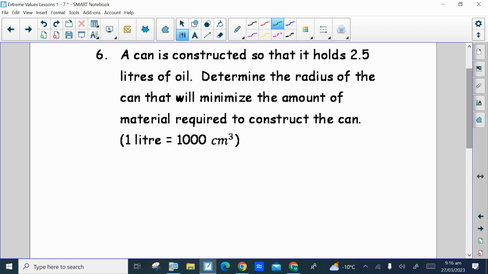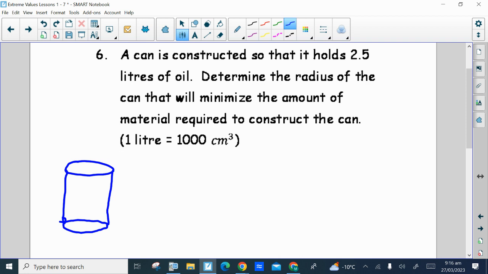So we need to come up with a formula for surface area of a cylinder, because that's what we're working with here. We want to come up with an equation to minimize the surface area, given that it holds 2.5 liters of oil and 1 liter has a volume of 1,000 centimeters cubed.